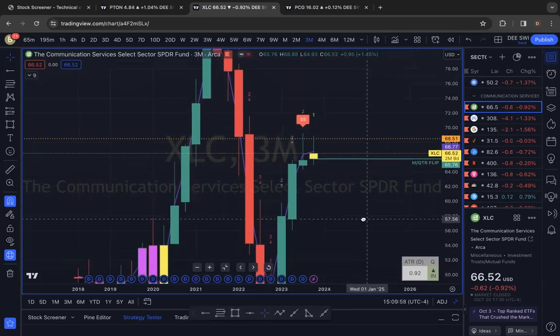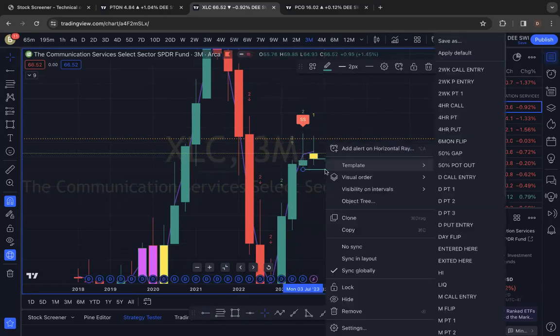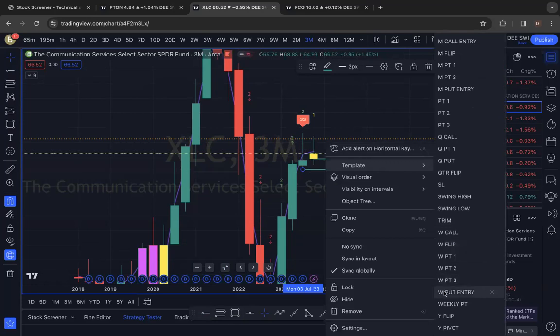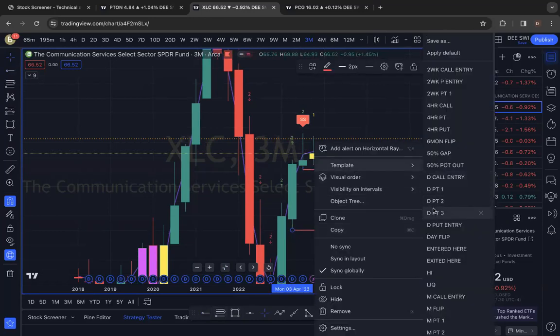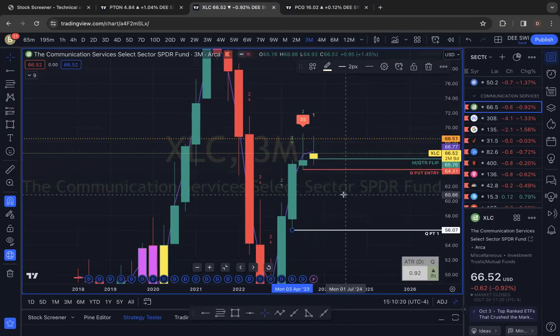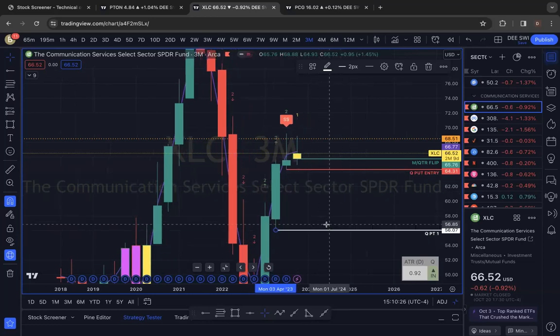I also want to mark where the put entry for the shooter would be. On the quarter, that would be the put entry to take it 2 down. Quarter put, and this would be the quarter's PT. What this does is allow me to see, if we go 2 down on a quarter, where price is ultimately trying to go according to the strat.